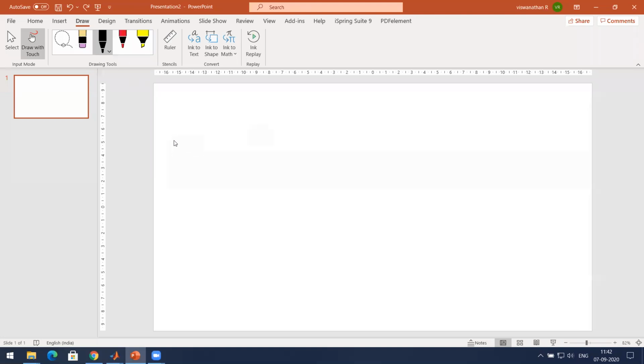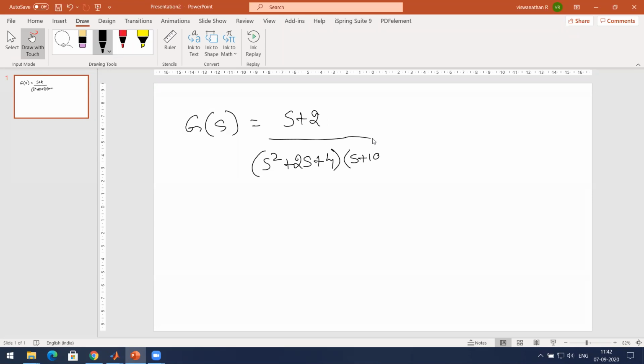So this G of s is equal to, I'll write the same transfer function, s plus 2 divided by s square plus 2s plus 4 multiplied by s plus 10 was there. So this is a third order system.